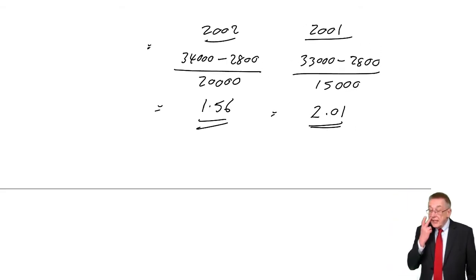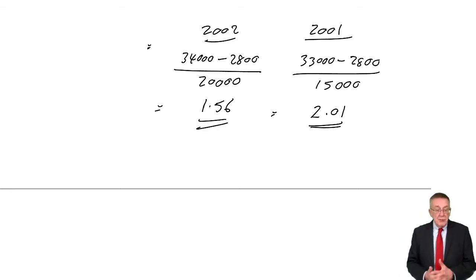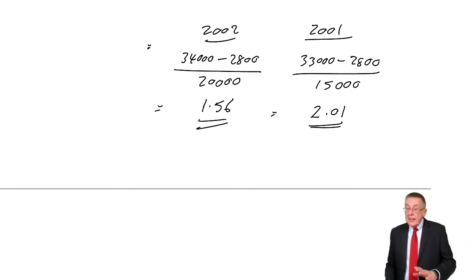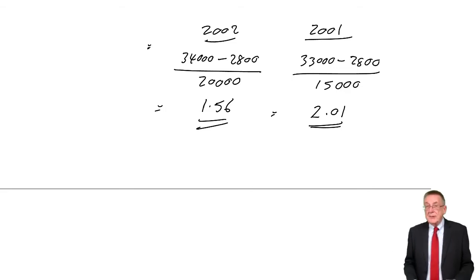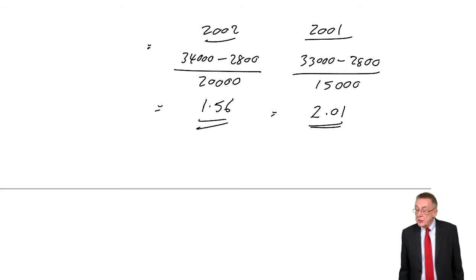So arithmetically, that's it. Why are shareholders interested? They're interested for two reasons. Firstly, it gives them an indication of how easy it is for the business to actually pay them this level of dividend, how likely it will continue in the future.